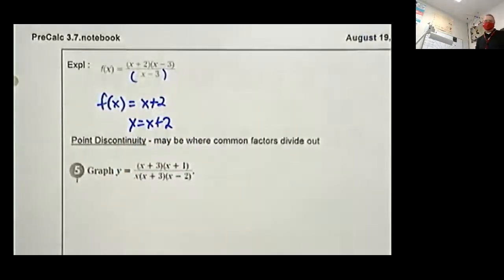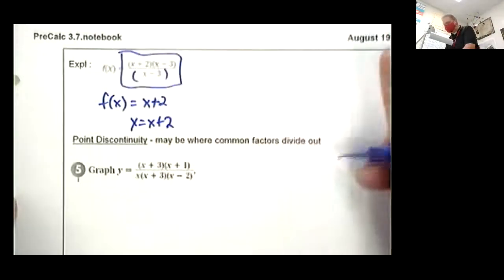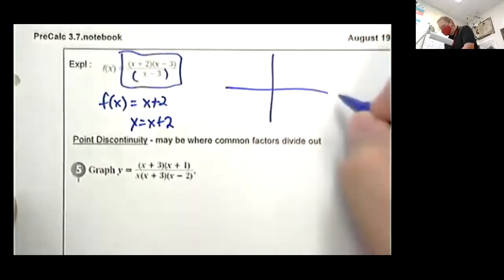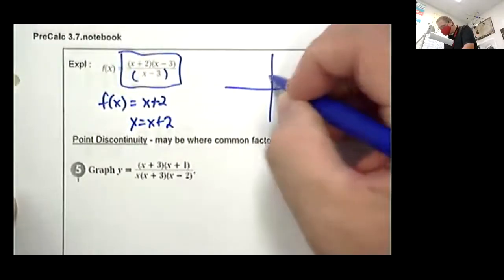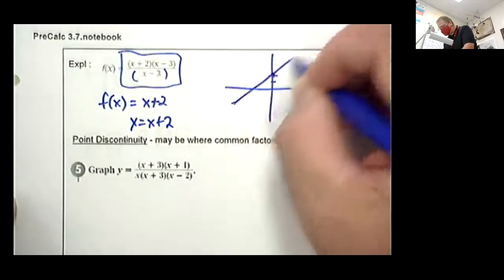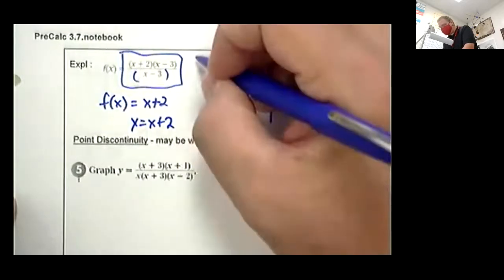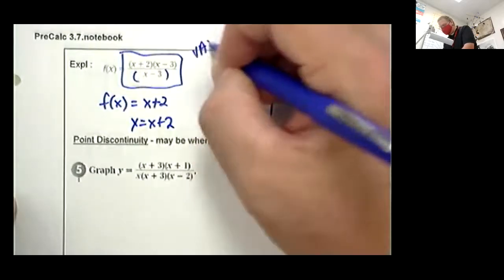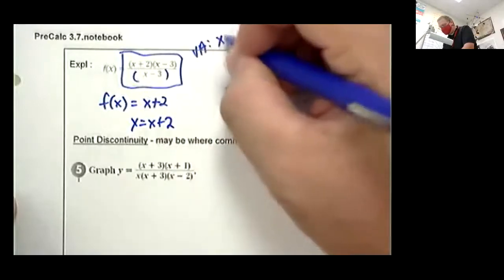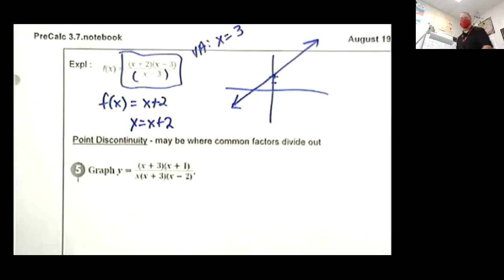Well, that's our slant asymptote. But this is still the original function, right? When we plug numbers in, that's still our original function. But something special happens at the vertical asymptote. This is actually not a vertical asymptote, but something special occurs at x equals 3.